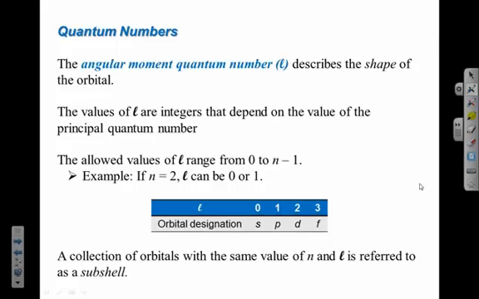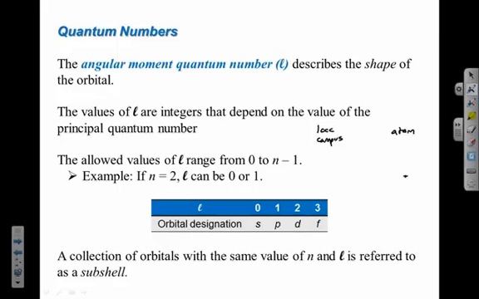I like to make an analogy here because these are pretty abstract. My analogy is the LCCC campus, and I'll relate that to an atom. Let's say I wanted to locate a specific student. I know the student's on campus, just like I know an electron is somewhere in my atom.